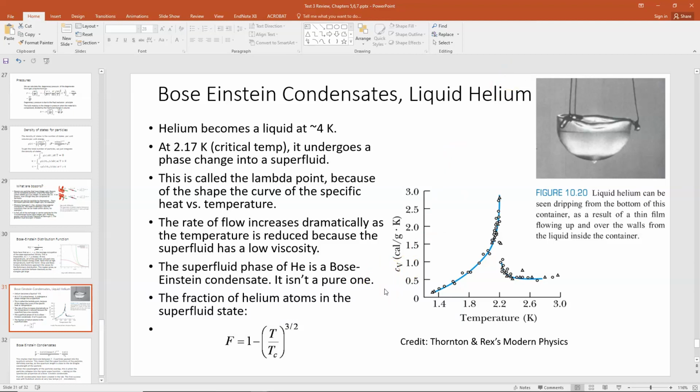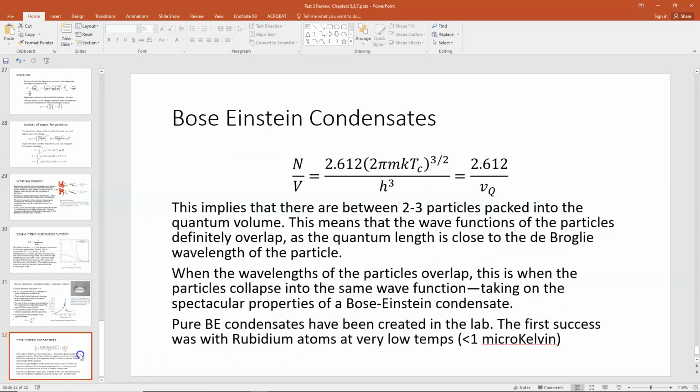If you cool it even further to the millikelvin level, then even the helium-3 will go into the BEC phase. But at 2.2 Kelvin, it's not there. We derived the London equation, which is the fraction of helium atoms in the superfluid state, and that's f equal to 1 minus T over the critical temperature, to the 3/2 power.